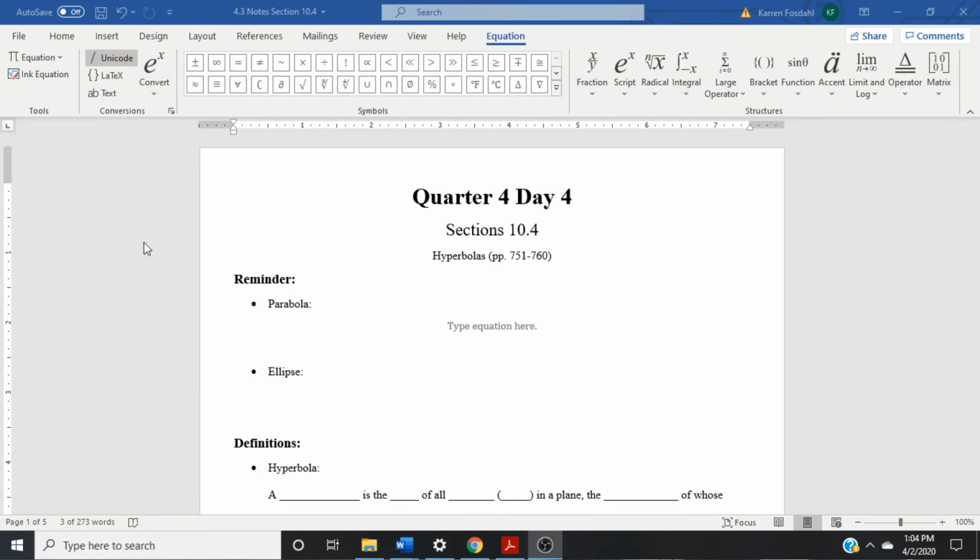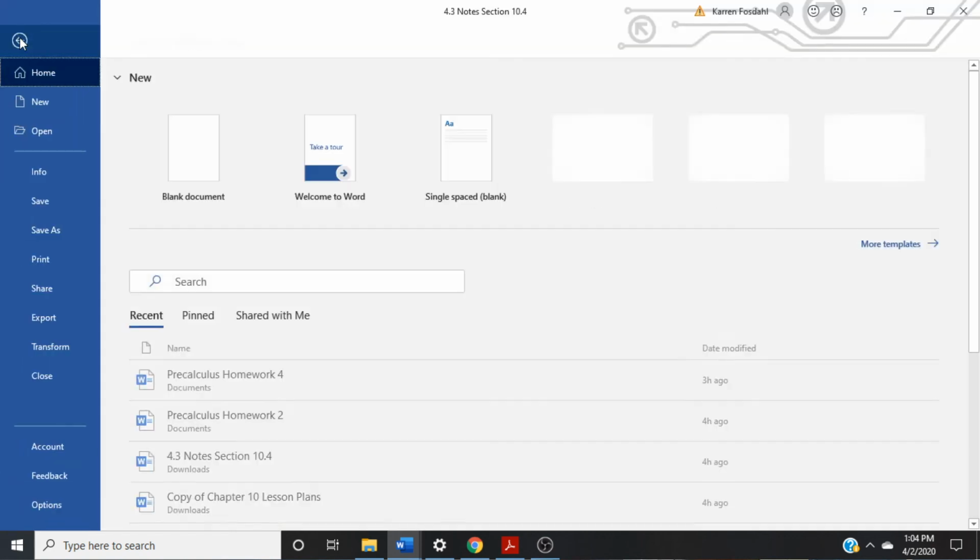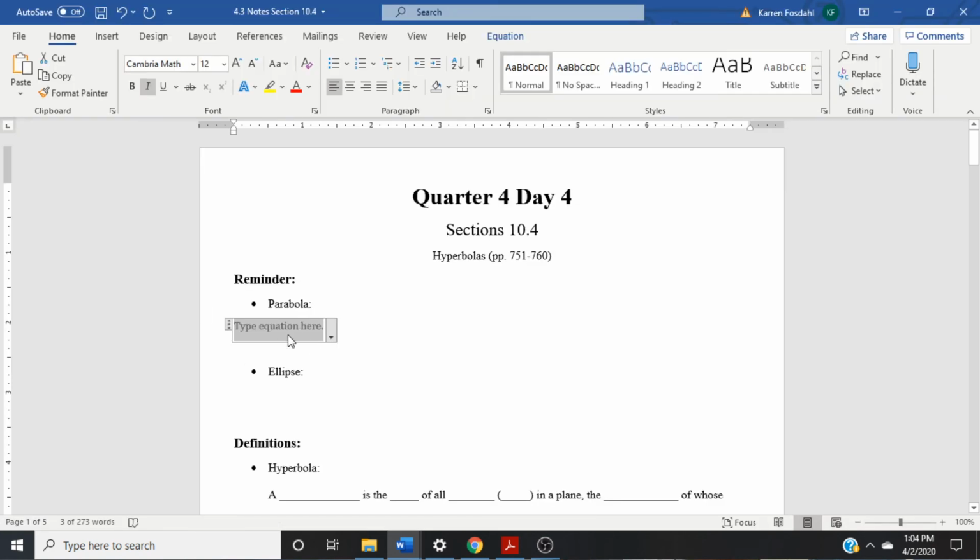Okay, so the standard equation for a parabola is going to be (x - h)^2 = 4p(y - k).